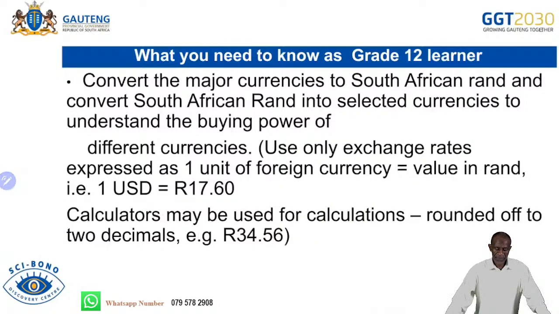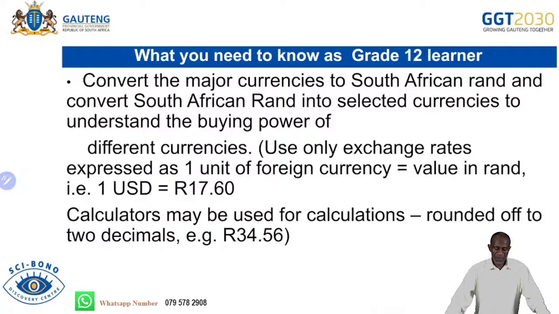Moving forward, you also need to know how to convert the major currencies to South African rand and to convert South African rand into selected currencies to understand the buying power of different currencies. Use only exchange rates expressed as one unit of foreign currency equals the value in rand.